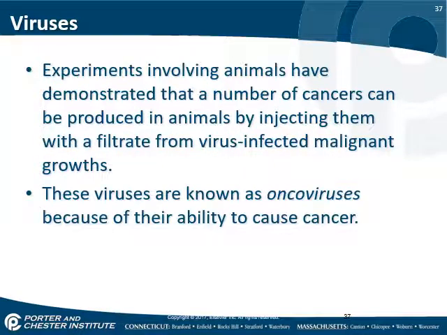And then there's viruses. These are known as oncoviruses because they can cause cancer. And I just talked about those a couple slides back. There was Kaposi sarcoma, HPV, hepatitis B and C, Burkitt's lymphoma from Epstein-Barr.